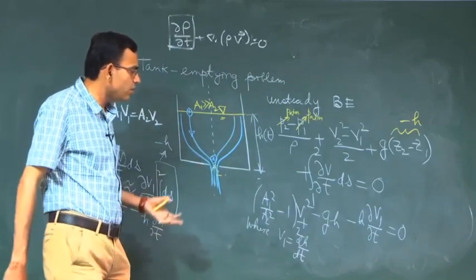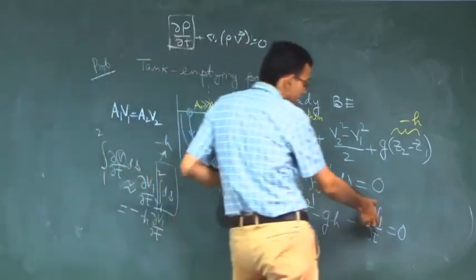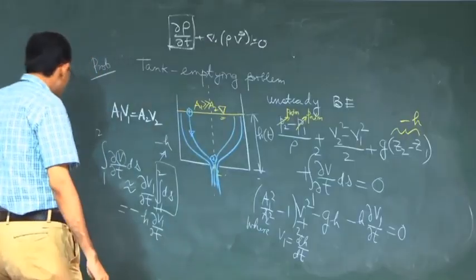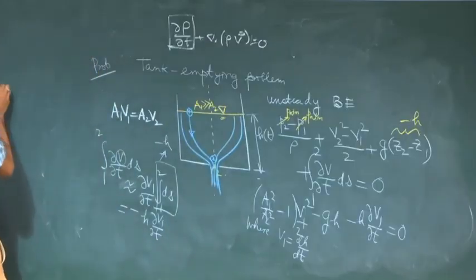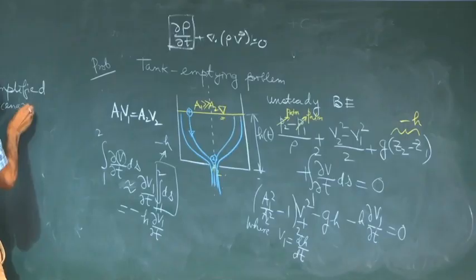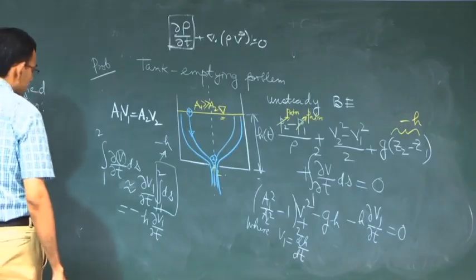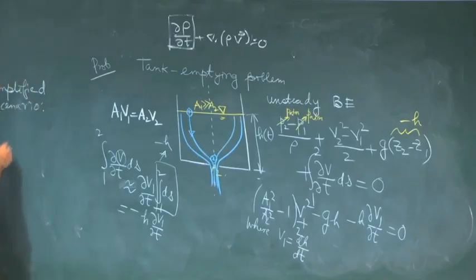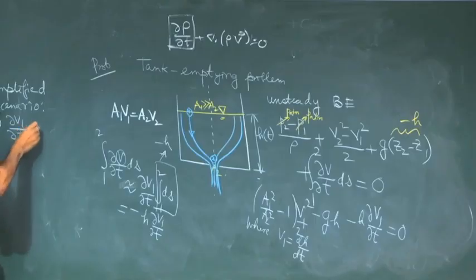A simplified scenario is when this unsteady term is much less than the other terms. V1 may not be small, but still this is 0, so this is negligible.